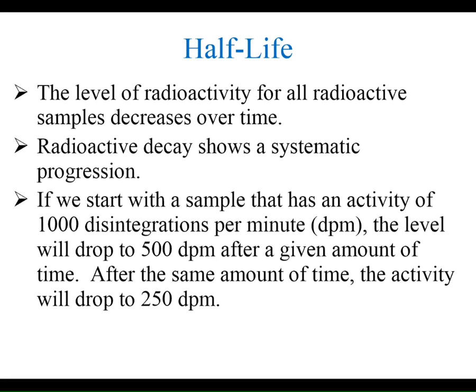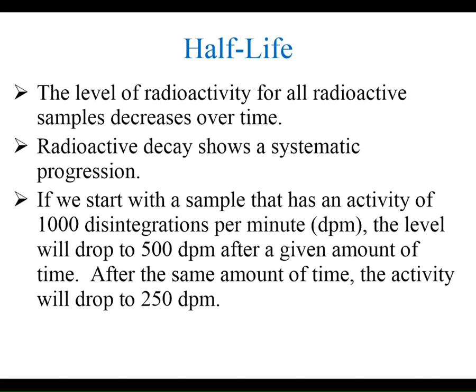So let's say, for example, you had a sample and you're measuring the disintegrations. How fast is that nucleus falling apart and spitting out particles? Well, let's say it's doing it 1,000 times per minute. At some point, it's turned that uranium into thorium, and there's just less of it left.